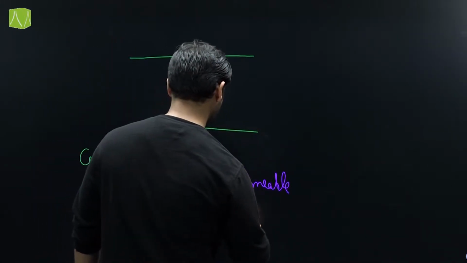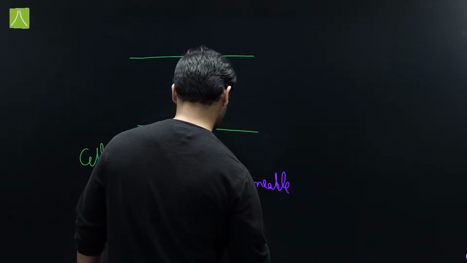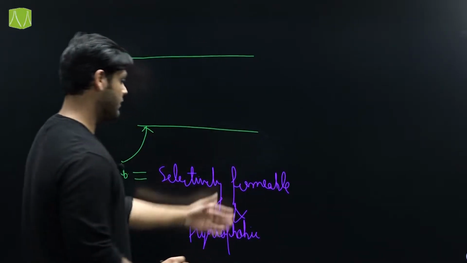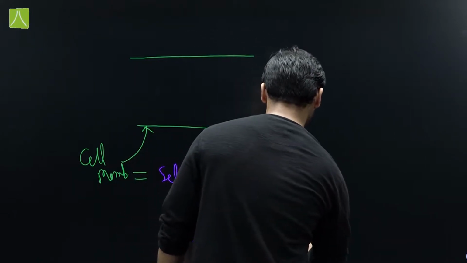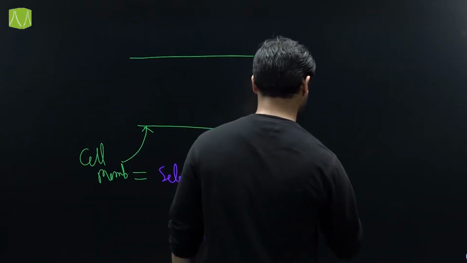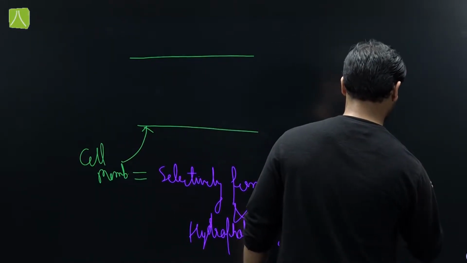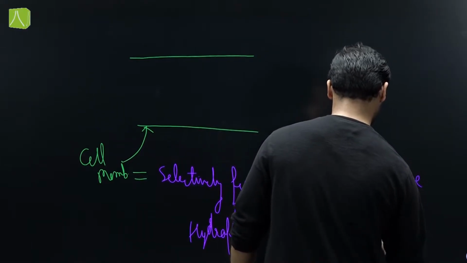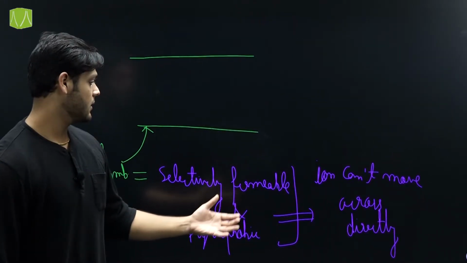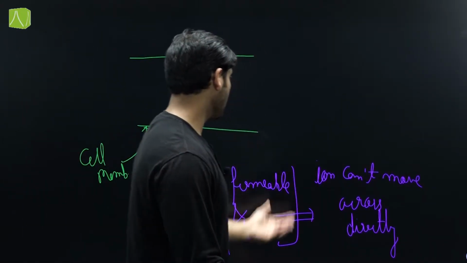Selectively permeable and hydrophobic, so you can understand the ion cannot go across directly. This is the basic problem. Ions cannot go across directly, and maybe this will be beneficial for the cell conduction.